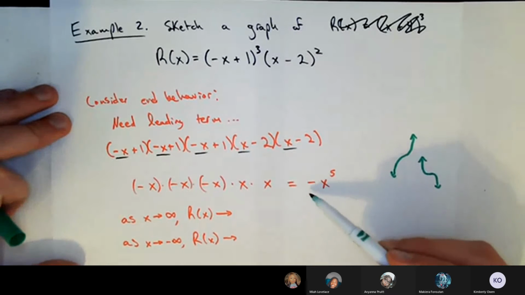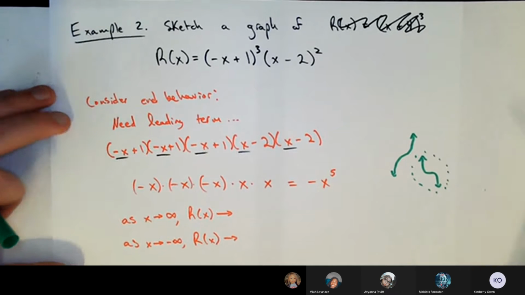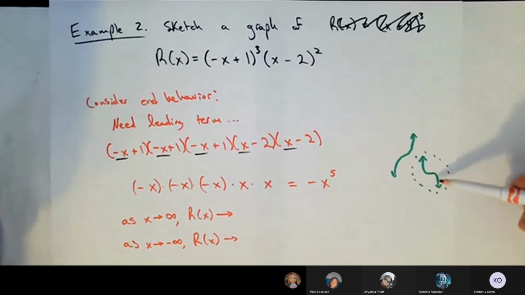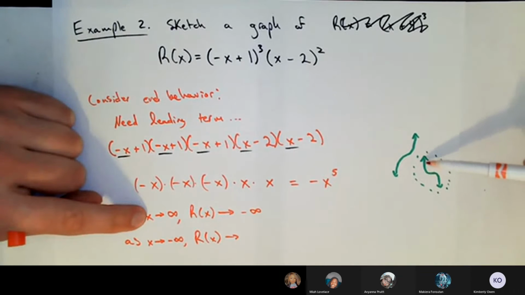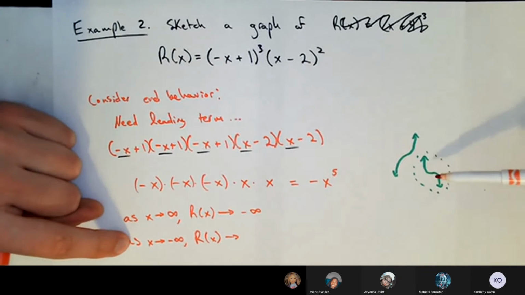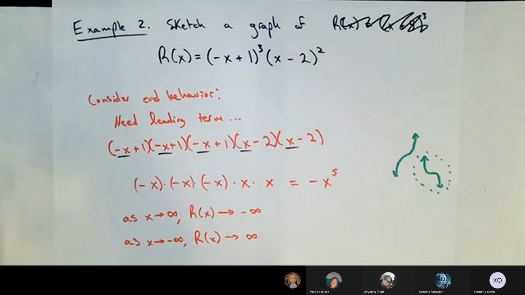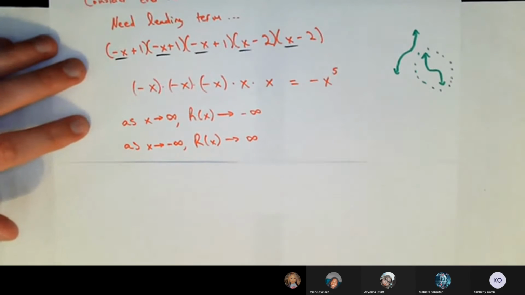And since the leading coefficient is negative, I'm looking at this case here, where on the right side of the graph, as x tends to infinity, r of x is pointing down. On the left side, where x is tending towards negative infinity, r of x is tending up towards positive infinity. All right, that's the end behavior. Now for the x-intercepts.